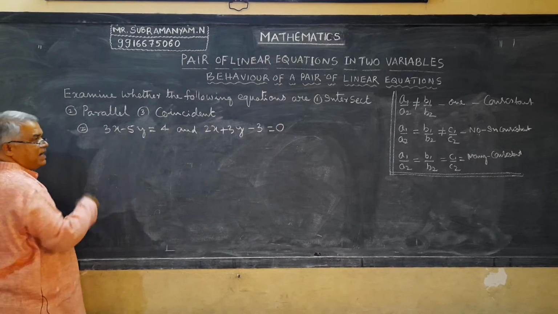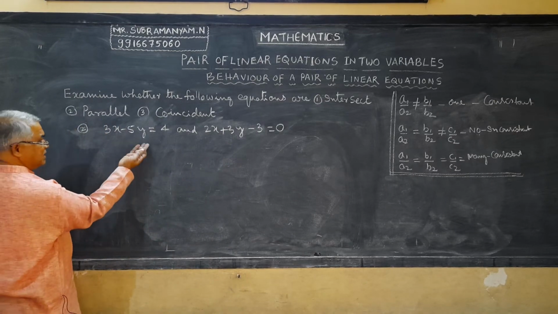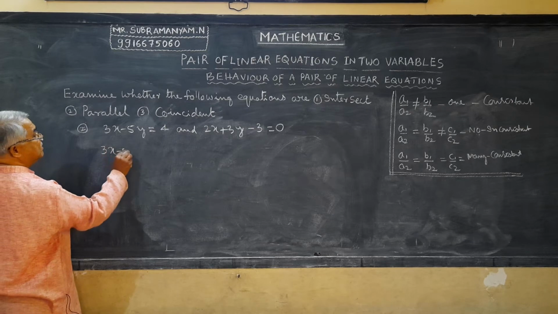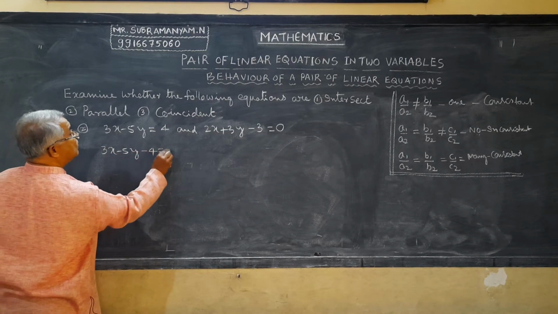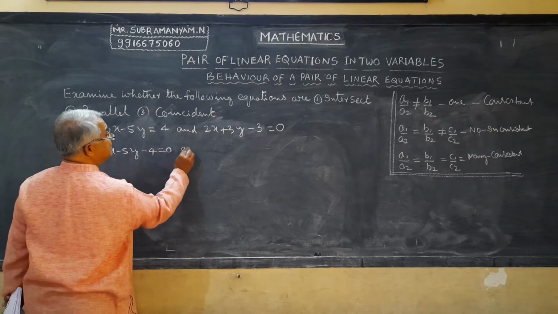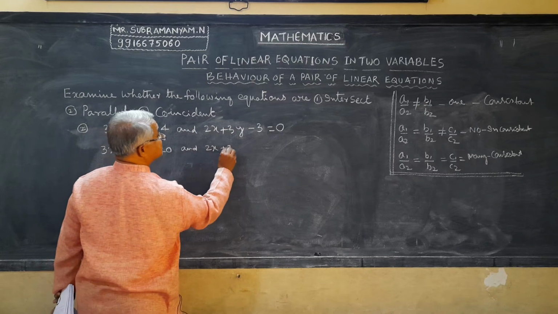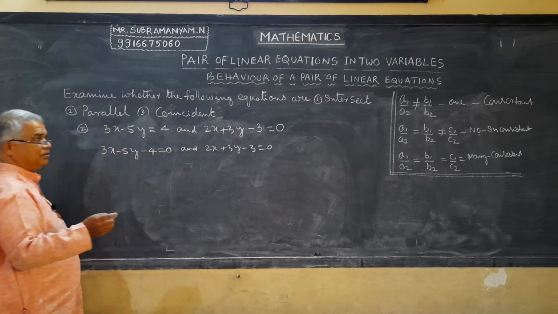This is not in the standard form. This is in the standard form. Since it is not in the standard form, bring it to standard form. 3x minus 5y minus 4 equal to 0. And no change in the second one. 2x plus 3y minus 3 equal to 0.